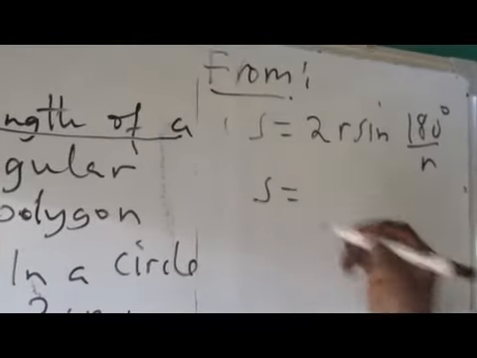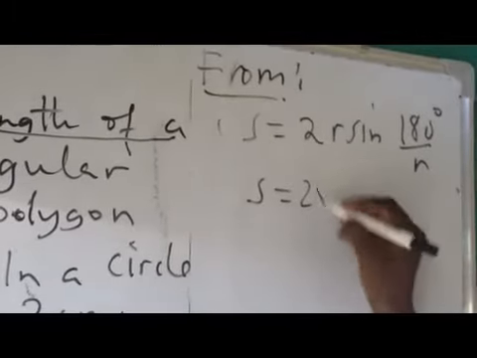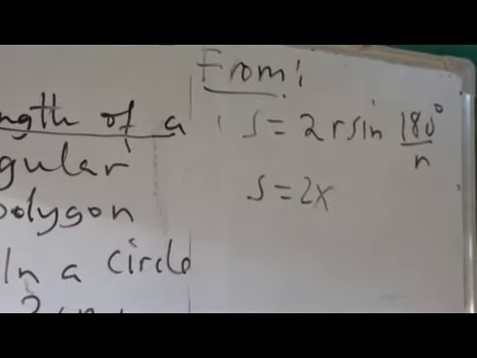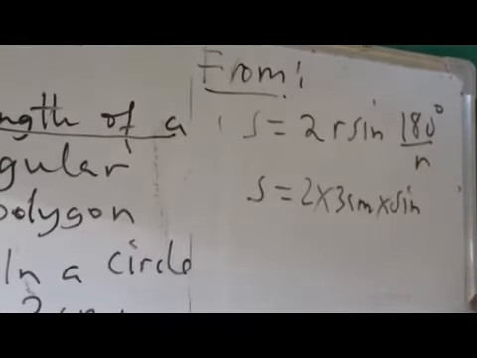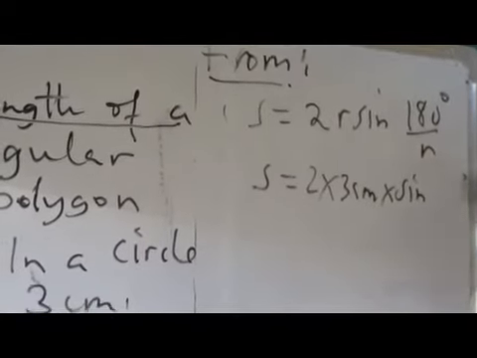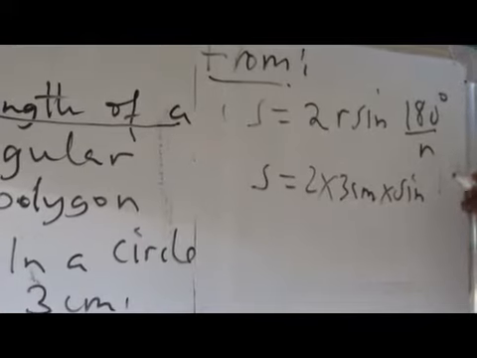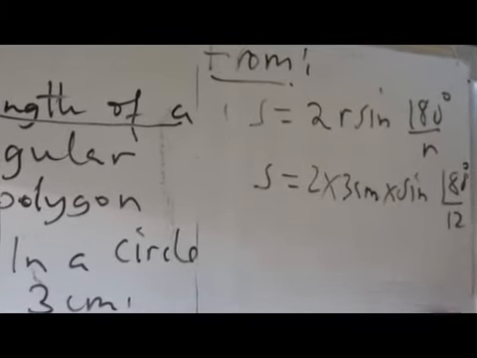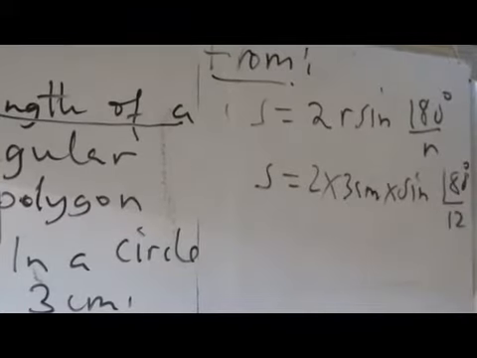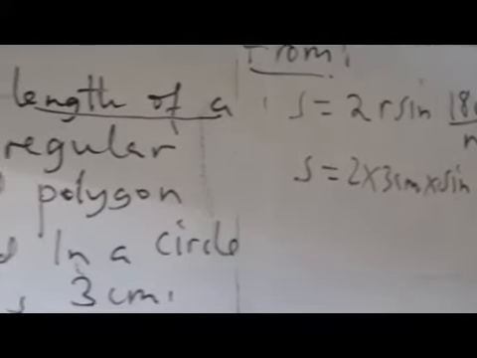So S will be equal to twice the radius, which is 3 cm, times the sine of 180 degrees over 12. Why 12? Because n is given to be 12 sides.